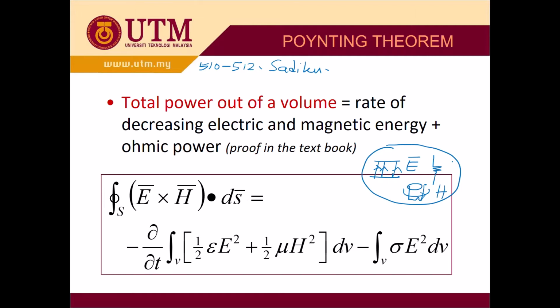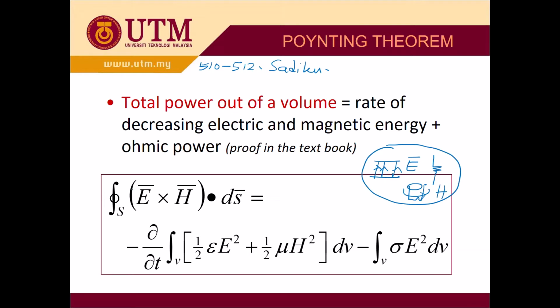From these equations we can use what we call the divergence theorem. I think you already saw it. The divergence theorem is basically how we relate a surface integration with a volume integration.